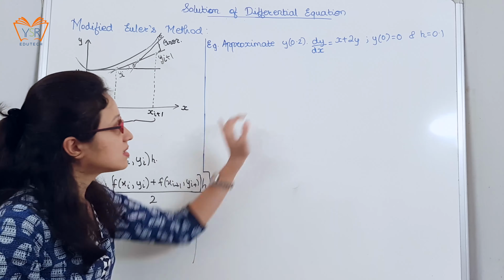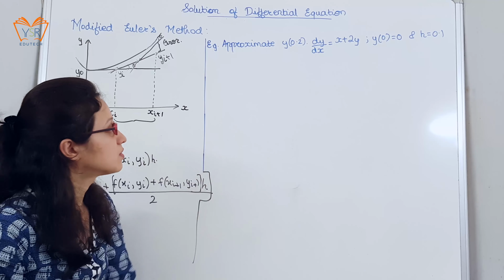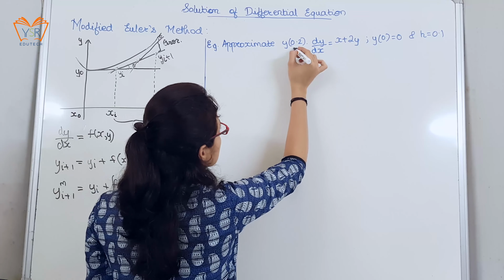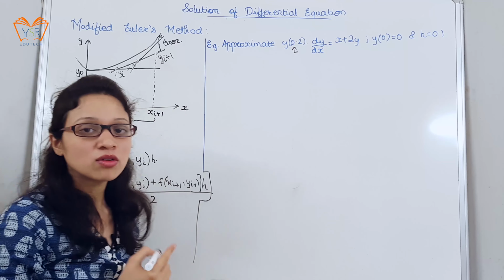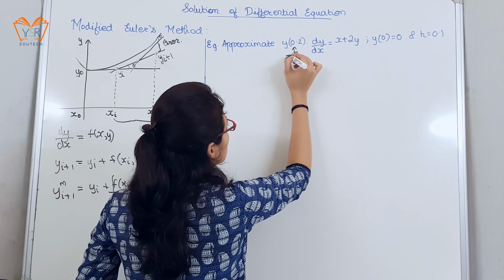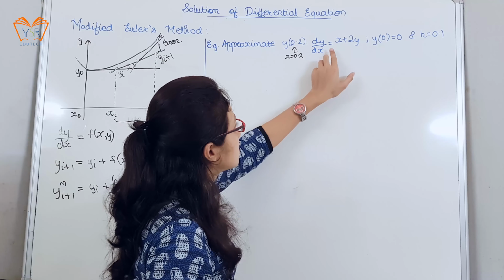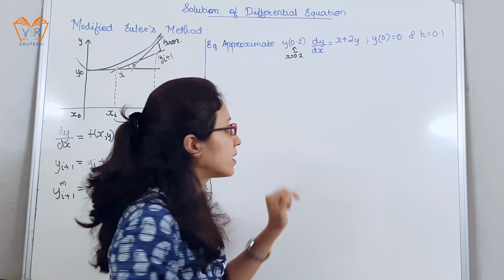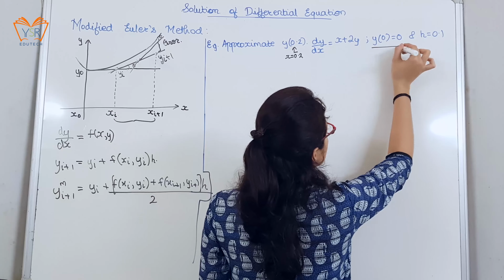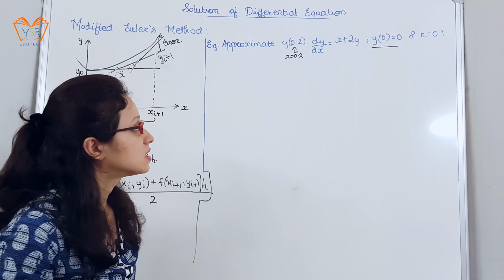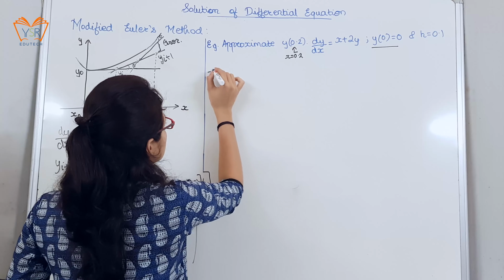So let us consider the same example that we had seen in the previous video. Approximate y of 0.2, that is, we will find the value of y at x equal to 0.2. The function given to us is dy by dx equal to x plus 2y. Initial condition is y of 0 equal to 0 and step size given is h equal to 0.1.